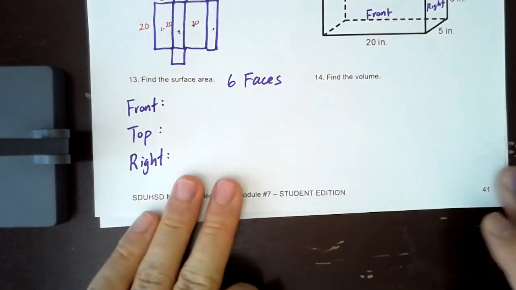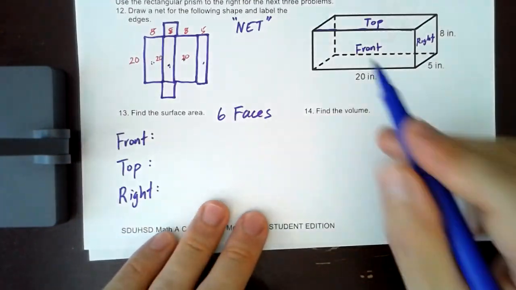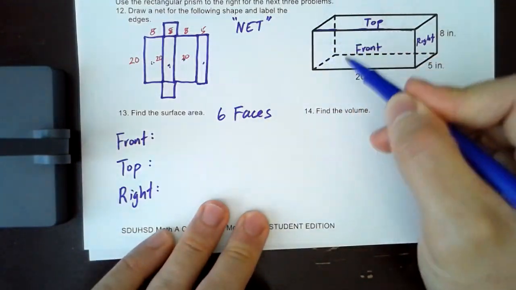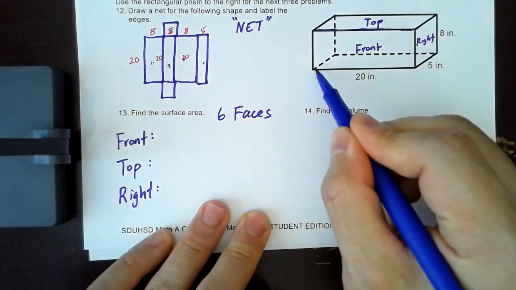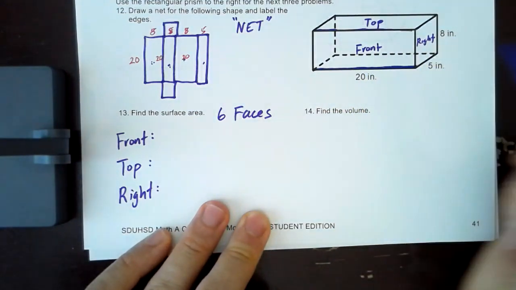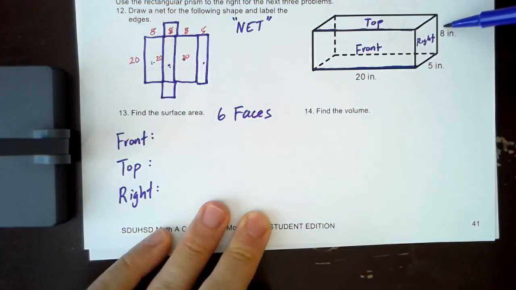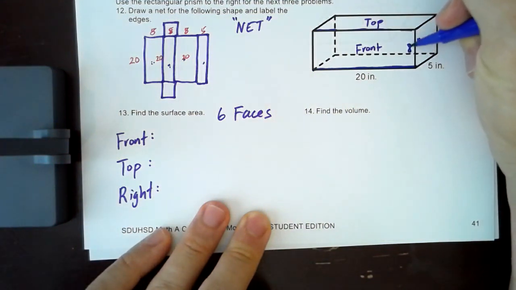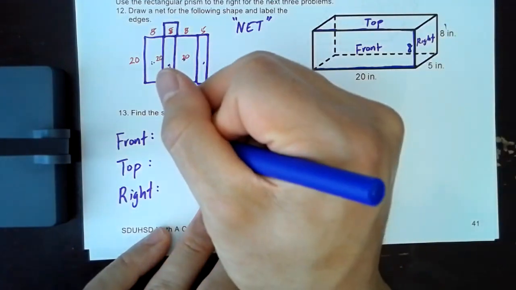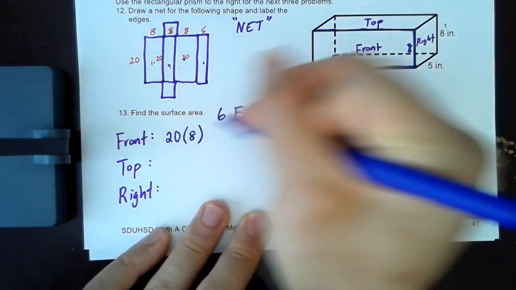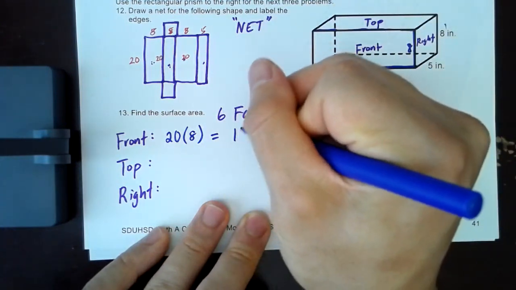Okay, so step by step, what is the area of this front face? Well, I know this dimension is 20, and I also know that this 8 will transfer right there. So this is a 20 by 8 face, which gives me 160.